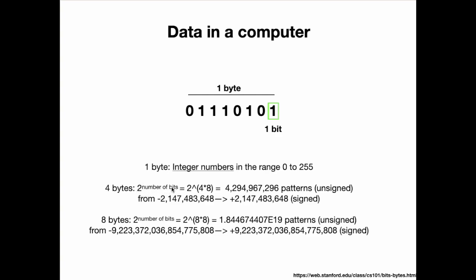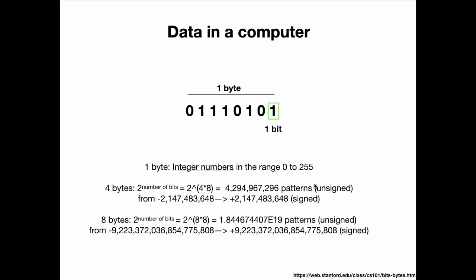So 2 to the power number of bits, 2 to the power 4 bytes times 8 bits we have in 1 byte. That makes 4 billion different patterns. So if you have an unsigned number and you use 4 bytes to represent this integer number, then this number will range from 0 to more than 4 billion.